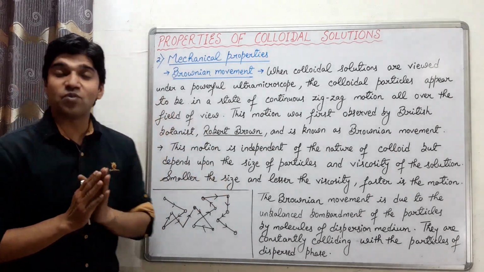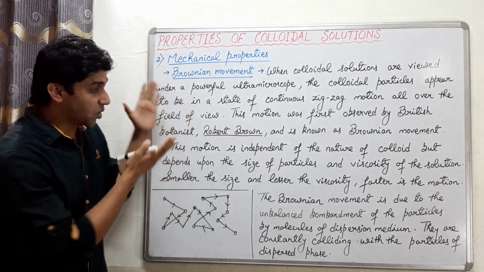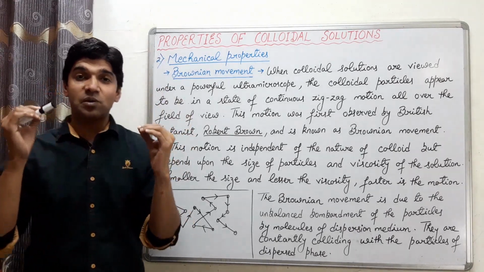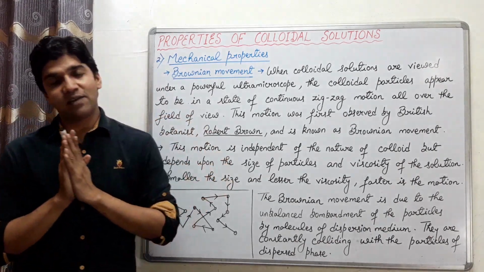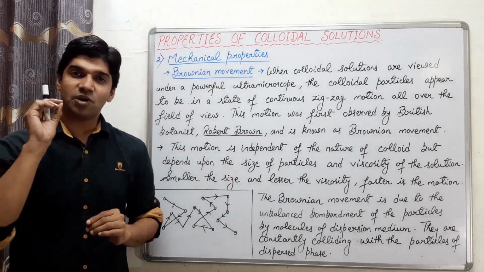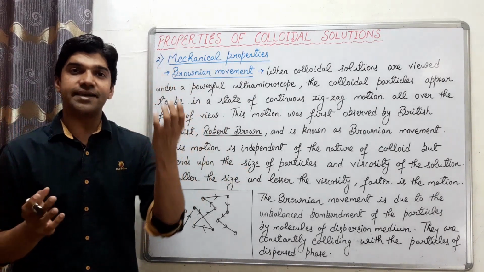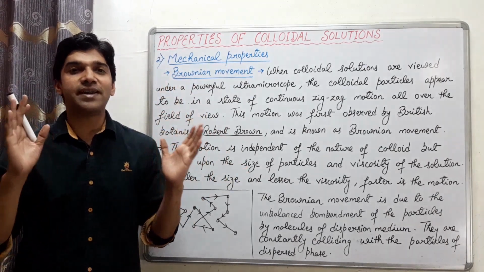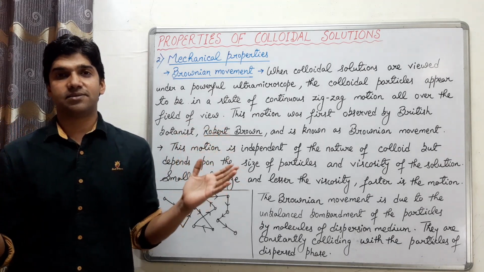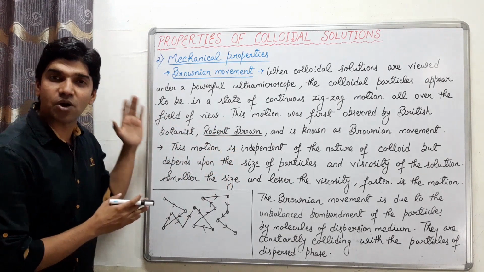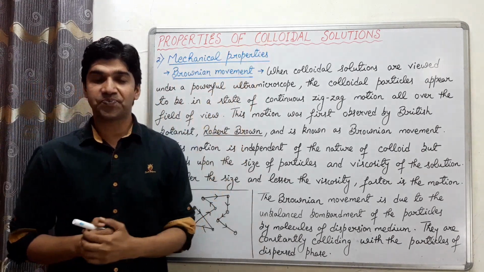On the Brownian movement, and that's all about the Brownian movement. And when we talk about the sedimentation, then we can say that the solutions of colloid are stable. They settle down at very very slow rate. ये हमारा हो गया mechanical properties of colloidal solution.